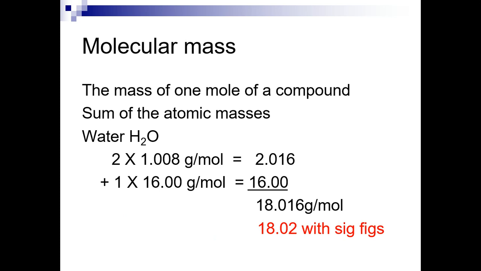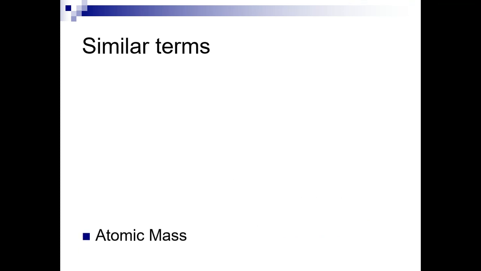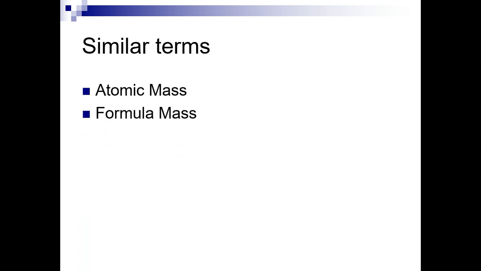So if it's an element on the periodic table, we just take the number off the periodic table. If it's a compound, we add together the atomic masses for all the elements that are in that compound. A lot of terms mean the mass of a mole of. Atomic mass means the mass of a mole of atoms. Formula mass means the mass of a mole of formula units.